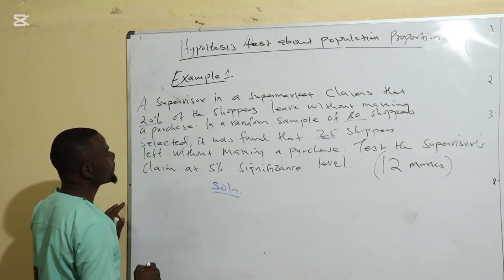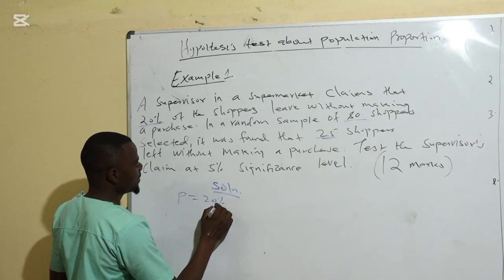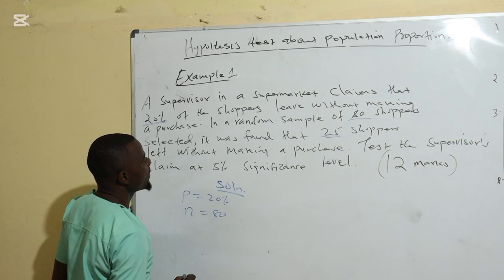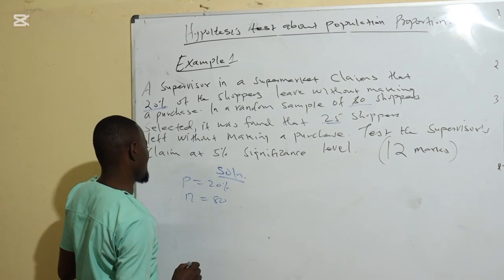So let's simplify what we have. We have P, which is 20%. There is n, which is 80. And we have 25.